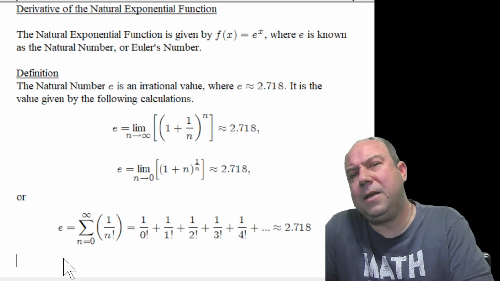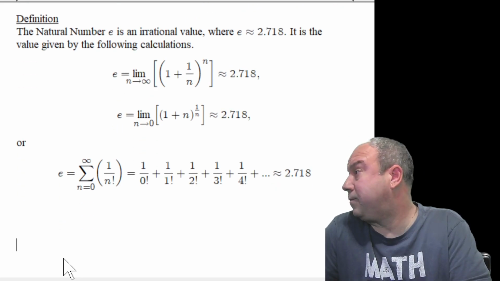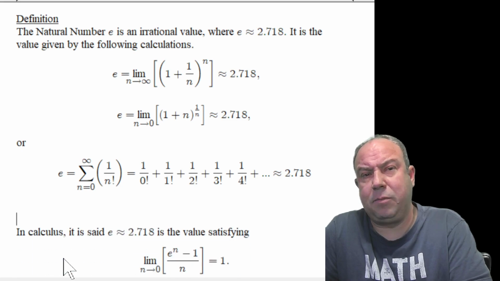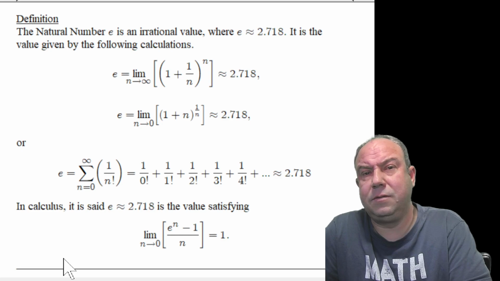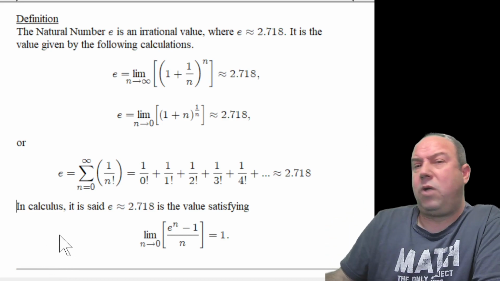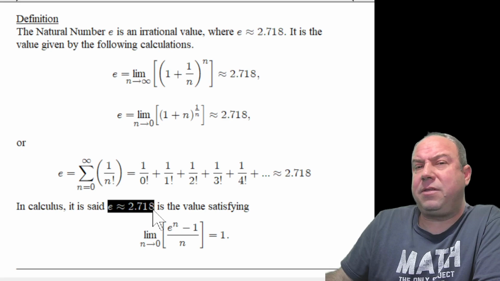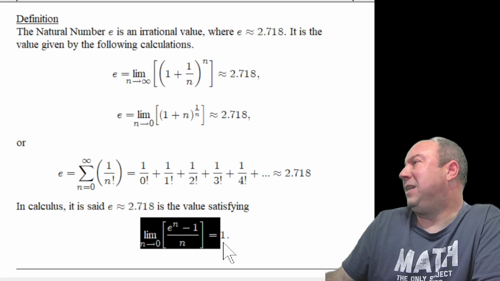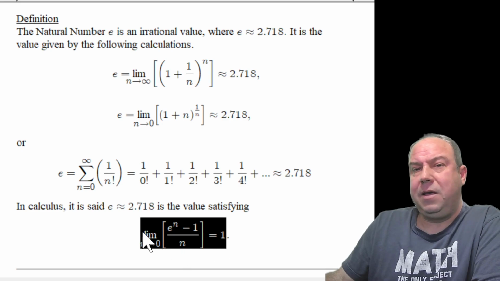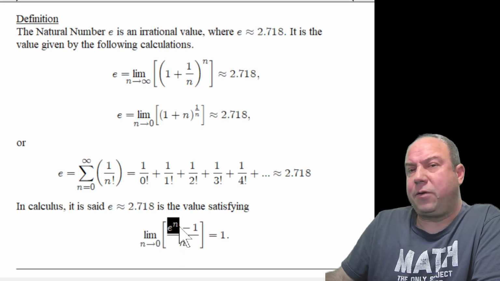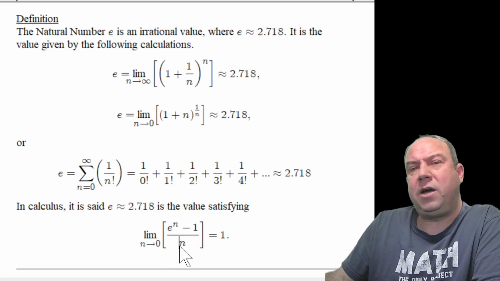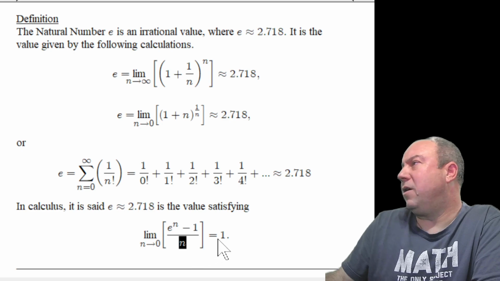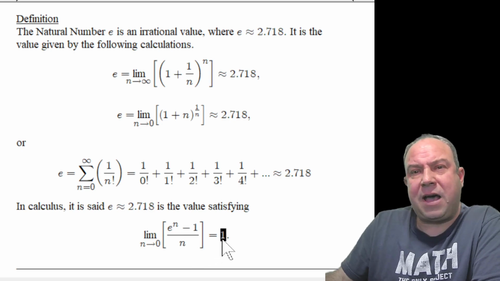Now in calculus, we do also have a definition for e. Let me bring this up. And the way we think about it in calculus, e is about the value 2.718 that satisfies the following limit: the limit as n heads to 0 of e raised to the n power minus 1, all divided by n, where that limit, we say, is equal to the value of 1.